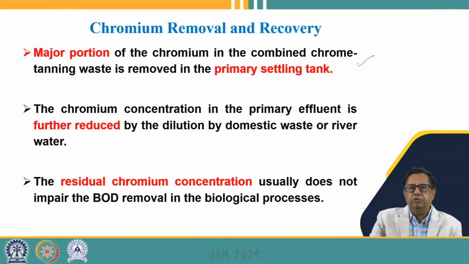So in that case the chromium concentration may reduce, or it may reduce further when we have the dilution by the river water. And this residual concentration may not impair the BOD removal process unless the concentration of the chromium in the effluent is really very high.